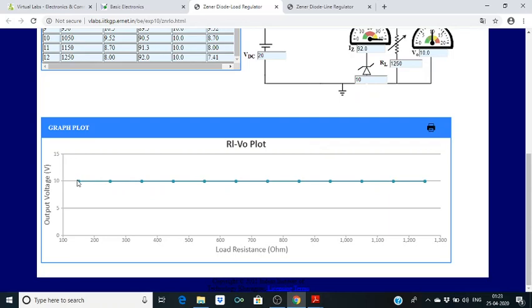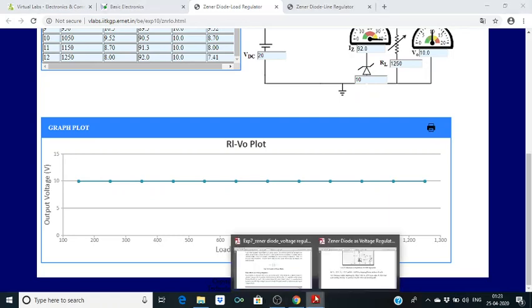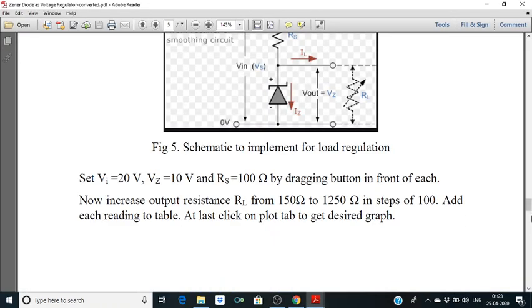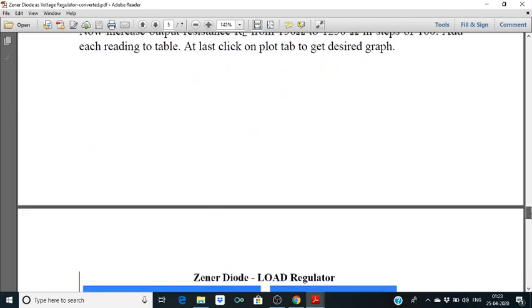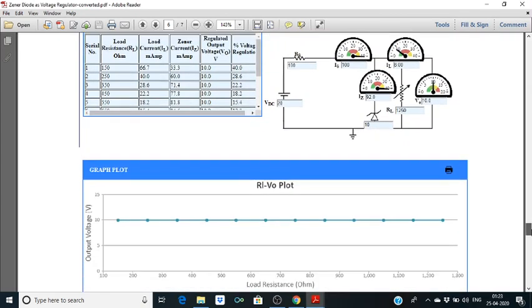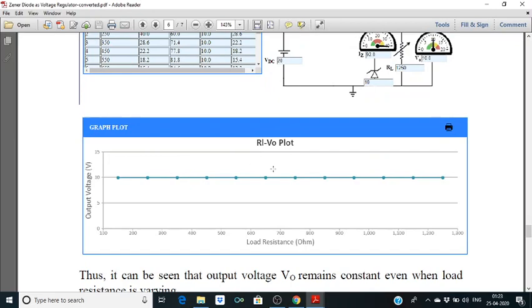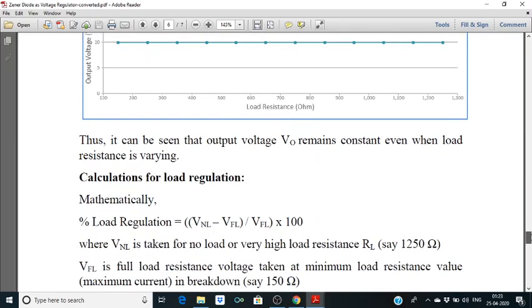So we are getting a constant output voltage even when we are varying the load resistance. Now to calculate the percentage load regulation, you can see that this 10 volt is maintained at the output.